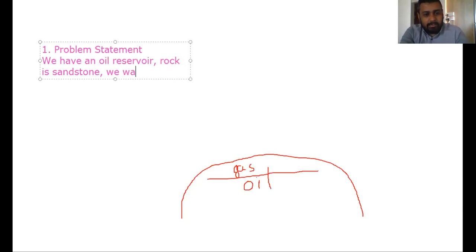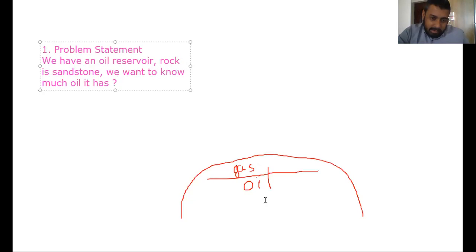We want to know how much oil it has. We have this reservoir, and our problem here is we need to know how much oil it has, and the rock is a sandstone rock.